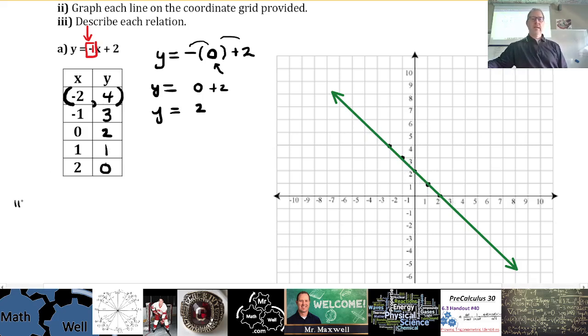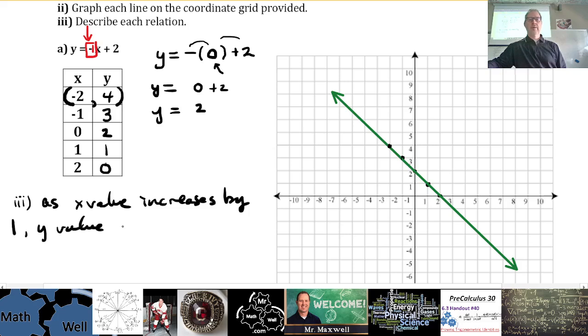So for number 3, a good description at this point would be: as x value increases by 1, y value decreases, because it goes down, by what? By 1 as well. So x increases by 1, y decreases by 1.